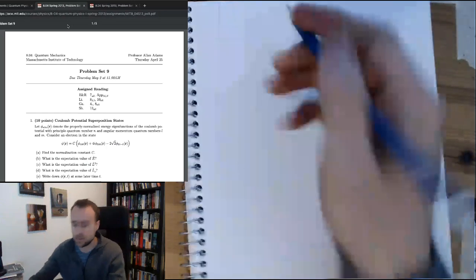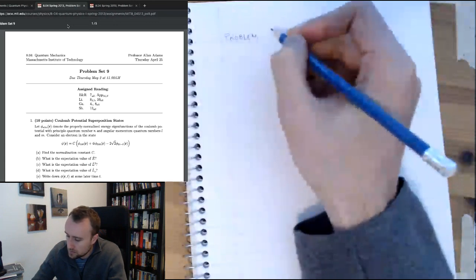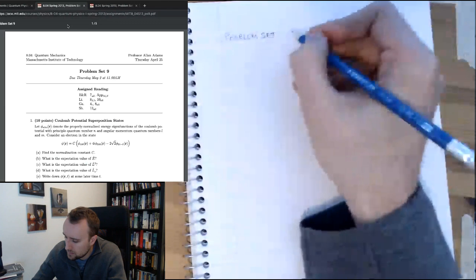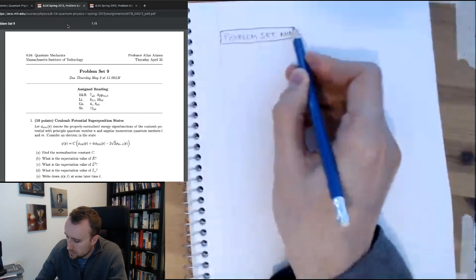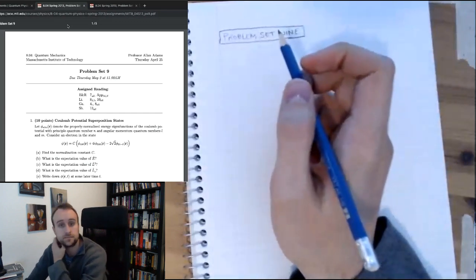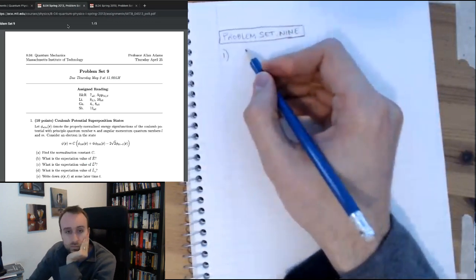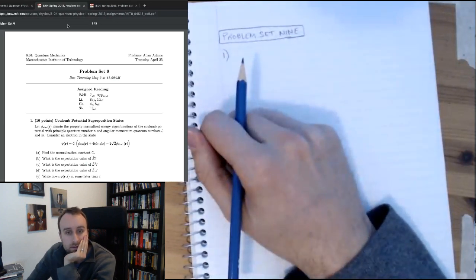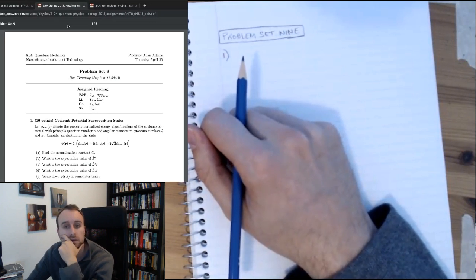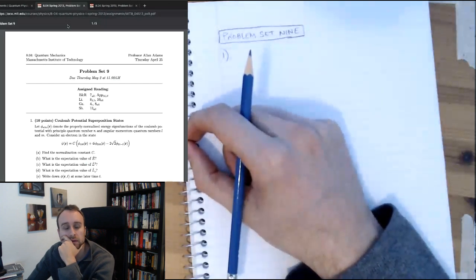So now we're on to the Coulomb potential. So let's do problem set 9. Let psi n l m of r denote the properly normalized energy eigenfunctions of the Coulomb potential with principal quantum number n and angular momentum quantum numbers l and m.